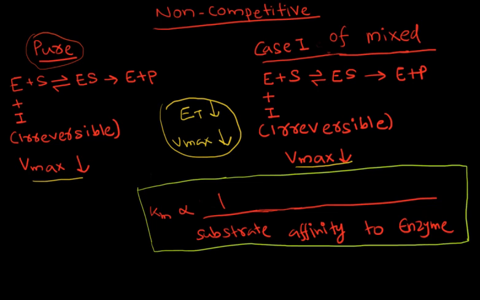In case of pure non-competitive inhibition, let me draw it so that it will be clear to understand. Let us suppose this is the enzyme, and this is my substrate. So this is my enzyme and this is my substrate.